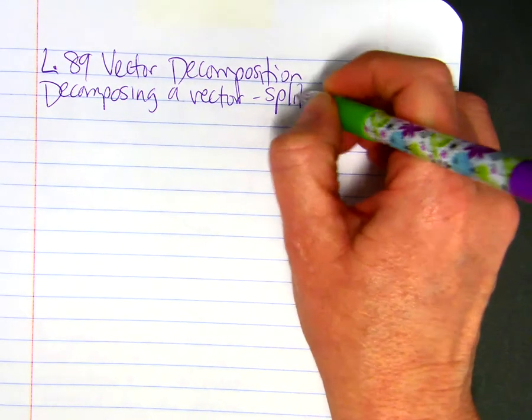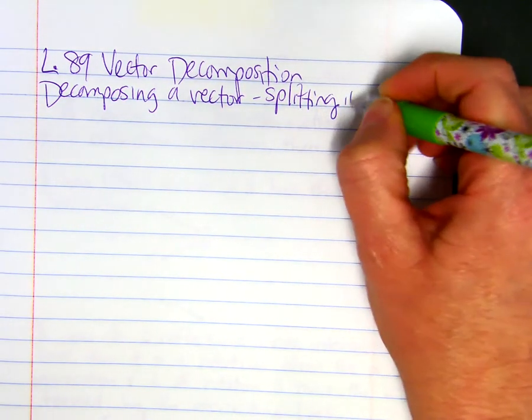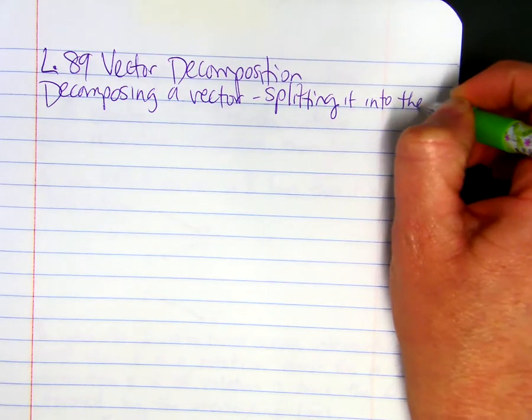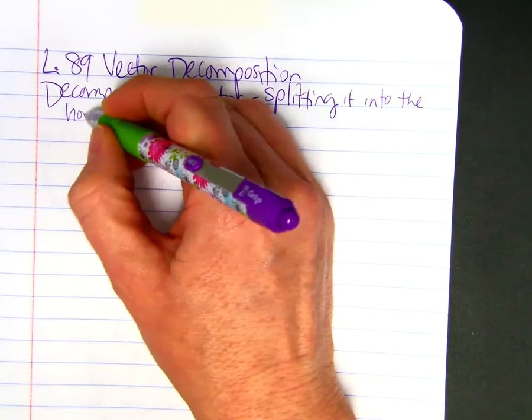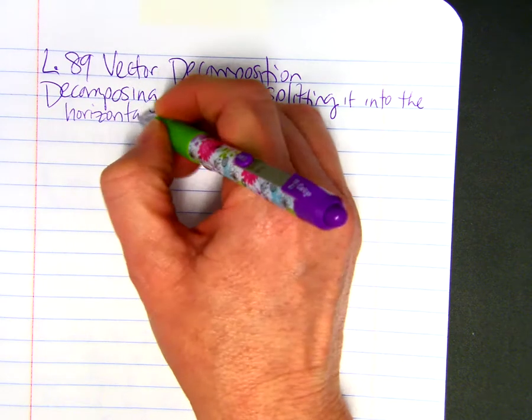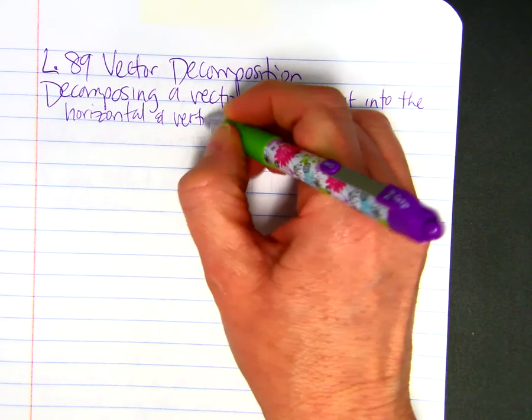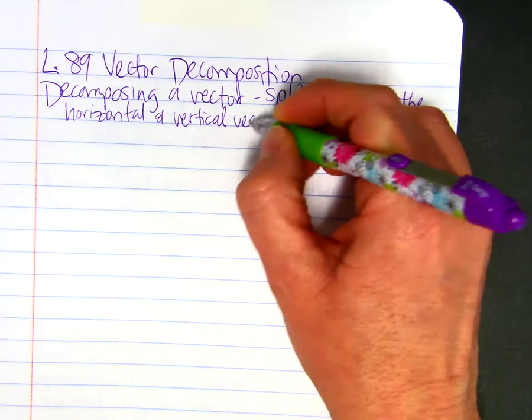So we're just going to write that we're splitting it into the horizontal and vertical vectors.